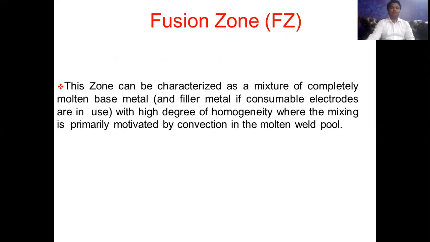We will see the definition of these zones one by one. Fusion zone, in short, we call it FZ. This zone can be characterized as a mixture of completely molten base metal and filler metal if consumable electrodes are used. This is a high degree of homogeneity, where the mixing is primarily motivated by convection in the molten weld pool.